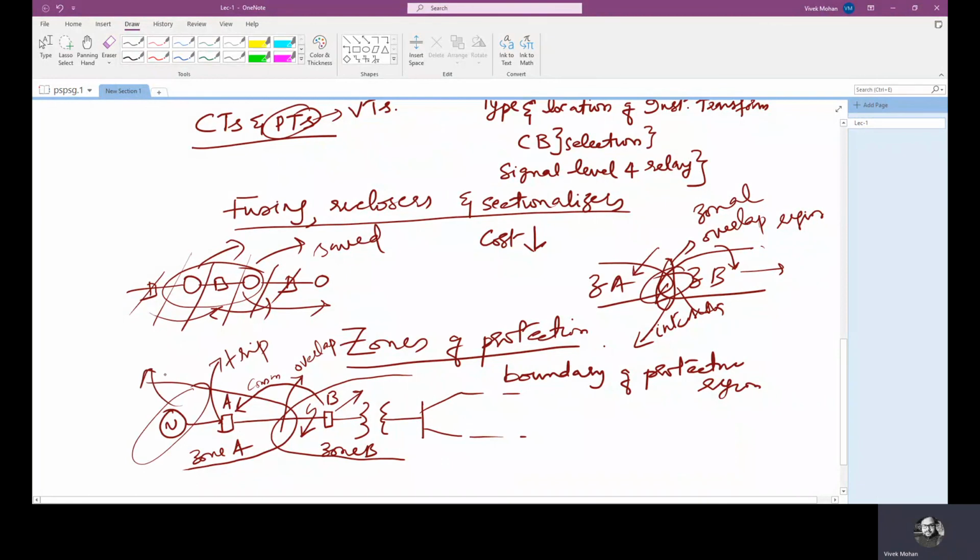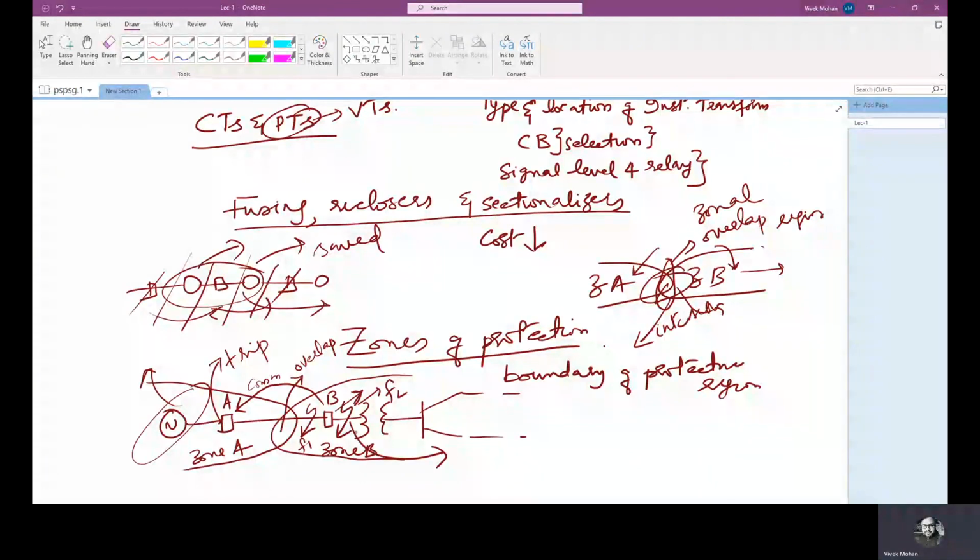But what is the disadvantage here? If this is the generic approach, that means if B is going to trip, then it communicates with A, and A also trips, then if a fault is there on the right side of B, this is F2, and this was F1, and if B communicates with A and A also trips, both the circuit breakers will trip.